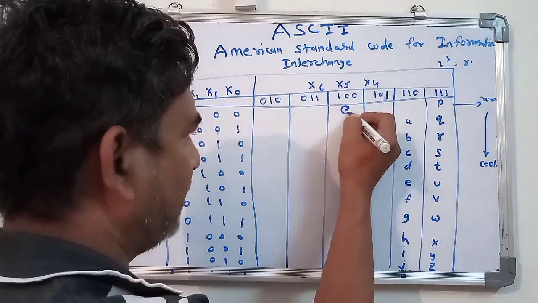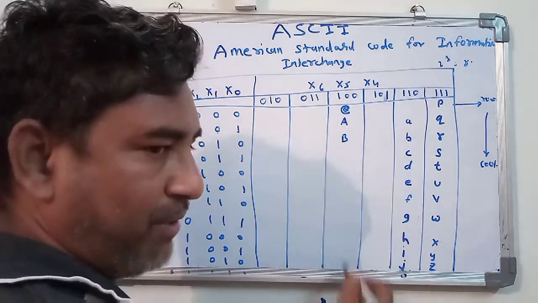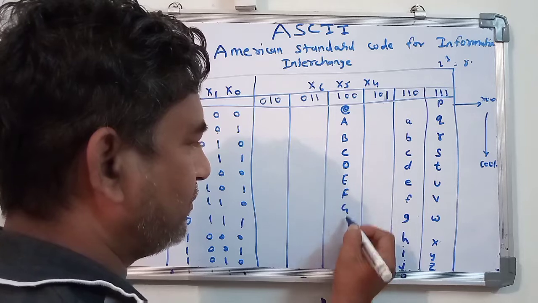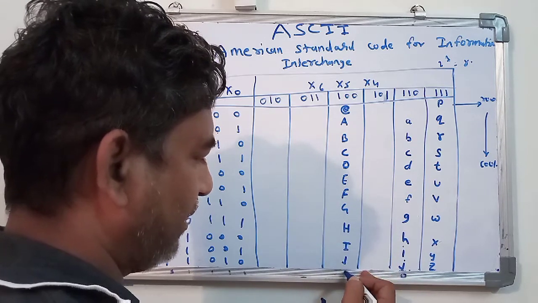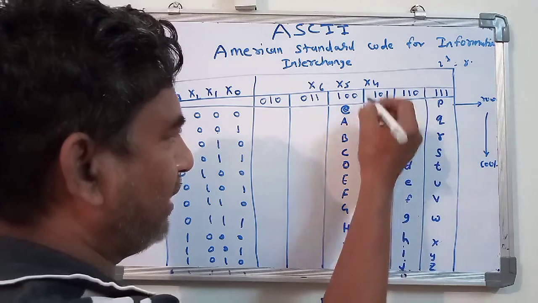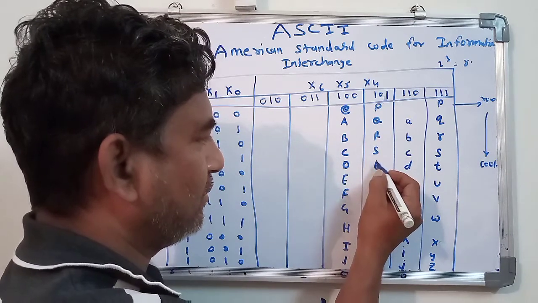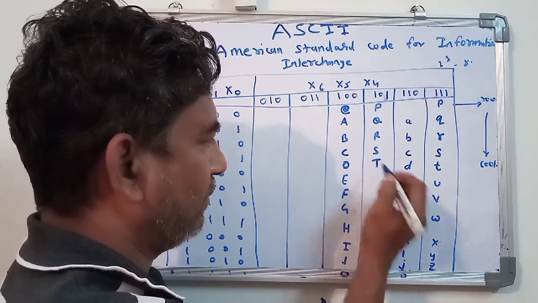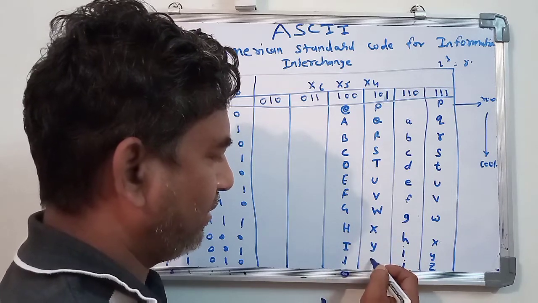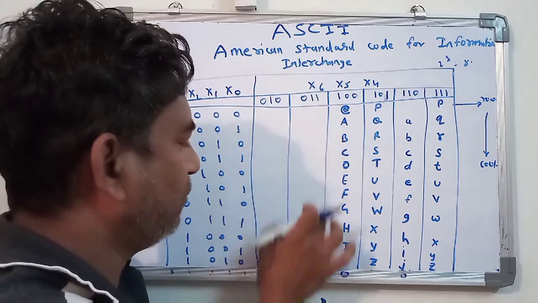At the very first, you have to write down the at the rate symbol, and then again you have to write A, B. Now it is capital: A, B, C, D, E, F, G, H, I, J, and for 1111 you have the capital O, and then again P, Q, R, S, T, U, V, W, X, Y and Z. Again the Z is going to end at 1010, and now the two column is left.